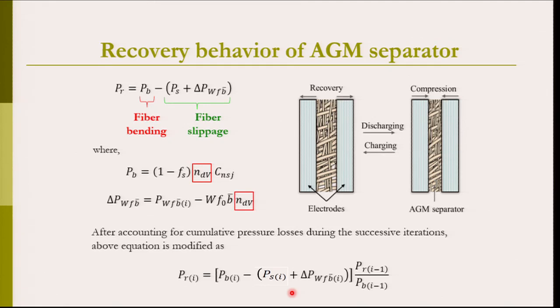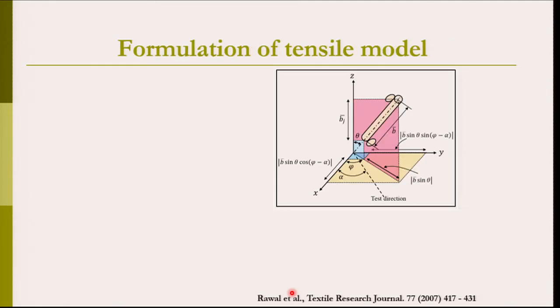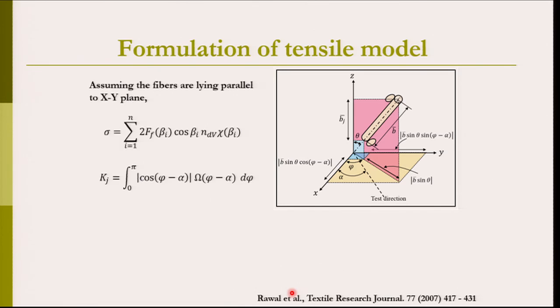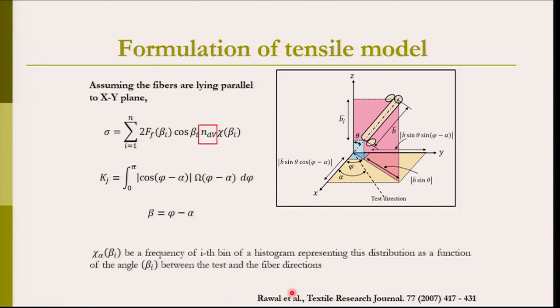Next, we look at an example where we try to develop a tensile model using the theory of fiber to fiber contacts by a simple technique. Here we assumed that there is a single fiber connected by means of two fiber to fiber contacts.